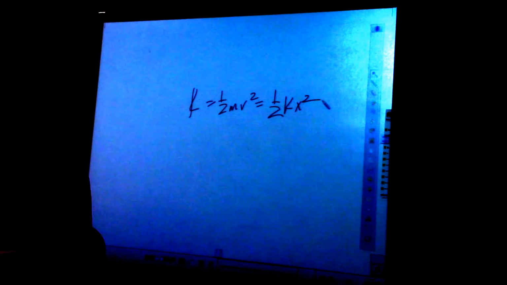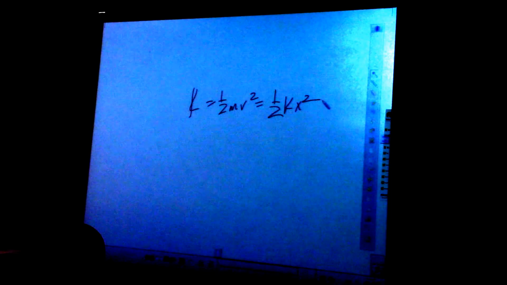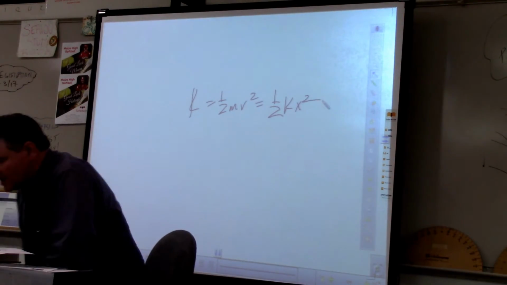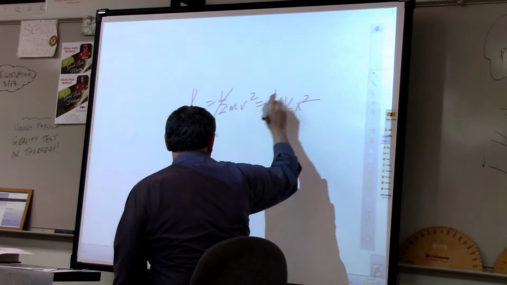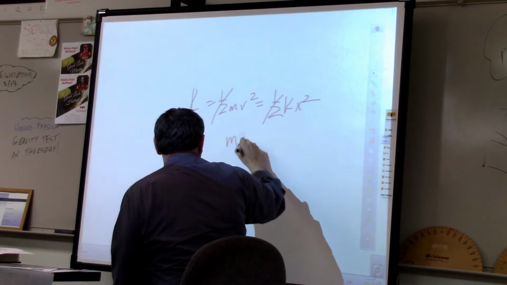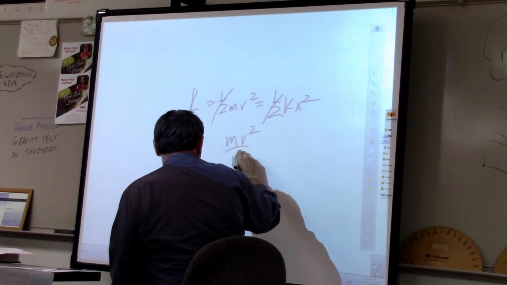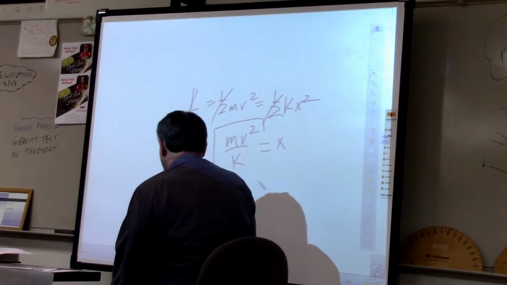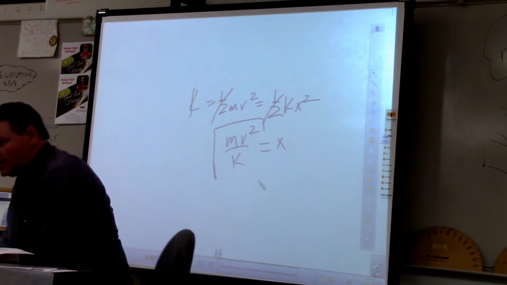Yeah, because that's the one that's still going to be moving and will make that spring compress, right? So basically you set them equal to each other, the halves cancel out, and you get the square root of mv squared divided by k, and you get x, and you should get 0.16 meters.